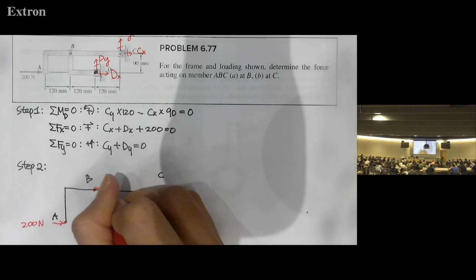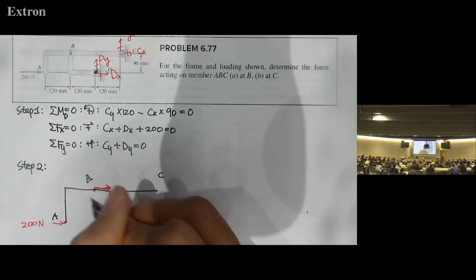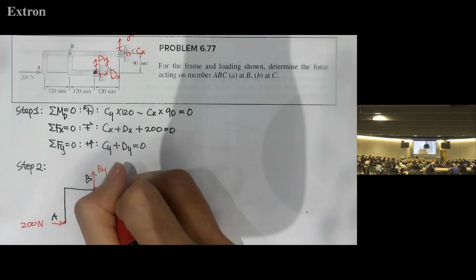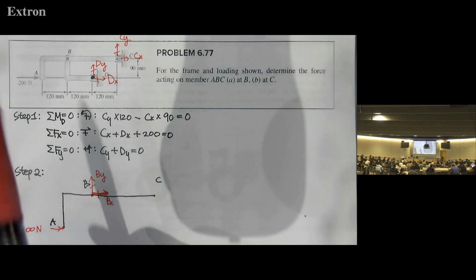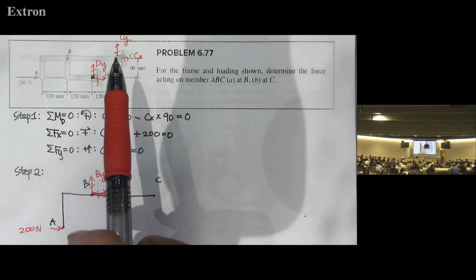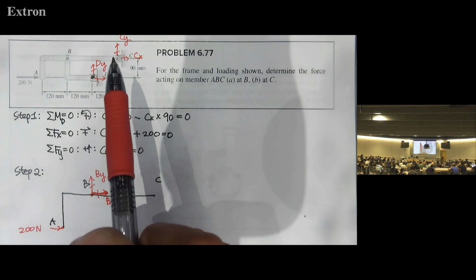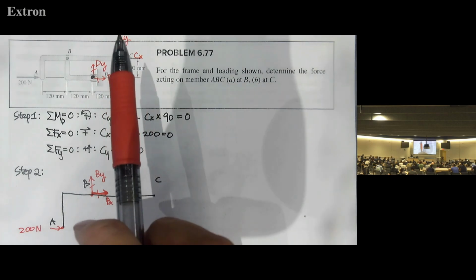Oh, it's not inclined. So it's Bx and By. Because I don't know the direction, I just use positive direction. And then the last point is C, right? At C, we assumed Cx here and Cy here.